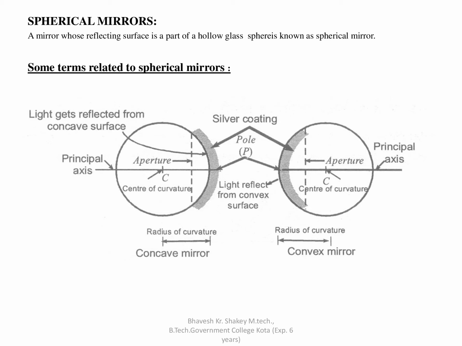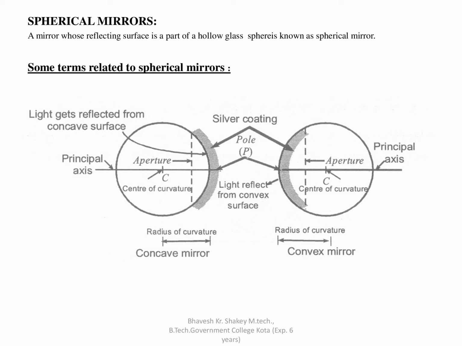So in the first diagram the inner one is the reflecting surface, and in the second diagram the outer surface is the reflecting surface. In the first diagram the spherical mirror produced is a concave mirror, and in the second diagram the mirror formed is a convex mirror. So let's first study the various terms related to the spherical mirror.